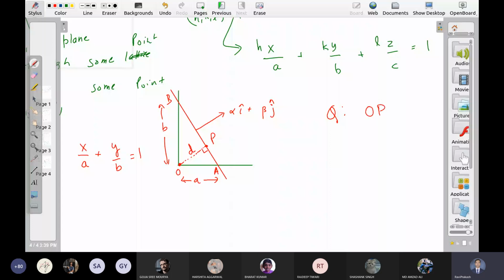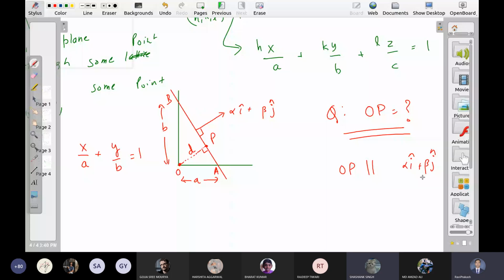Instead of finding this, we have started finding something else. I have this vector which is perpendicular to the line, or actually OP is parallel to alpha i cap plus beta j cap. The question here is, what are alpha and beta?